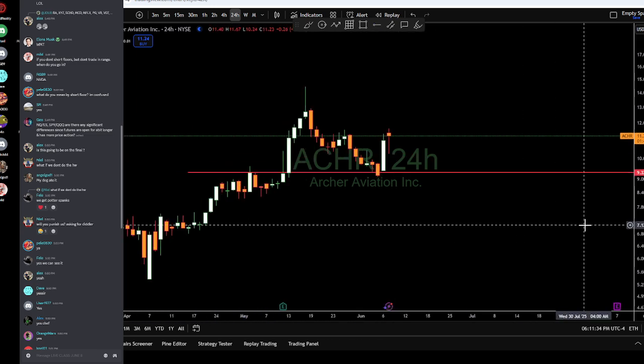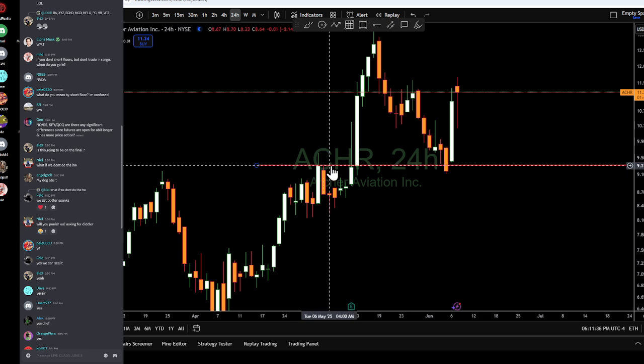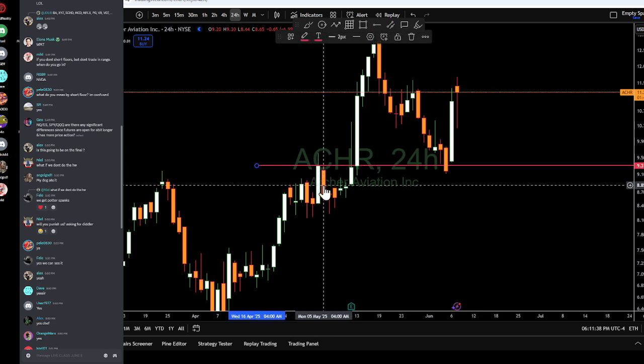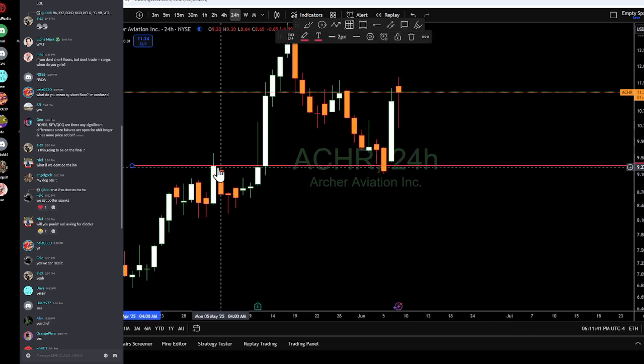Top here, you can see how much respect price has for that candle. And this is, again, another great example of your open candle. I could trade better than most people do using the 30-minute just looking at the 24-hour chart. Like if I'm already in a trade, I can look at the 24-hour chart and know where price will hit.